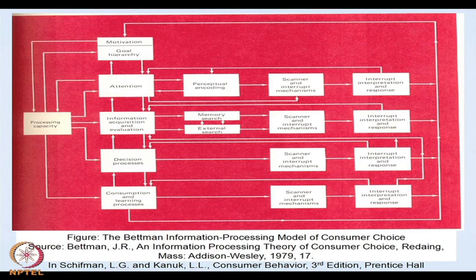Now, the various components of the model are six in number. We start with processing capacity, we then have motivation, attention, information acquisition and evaluation, the decision process, and consumption and learning processes.